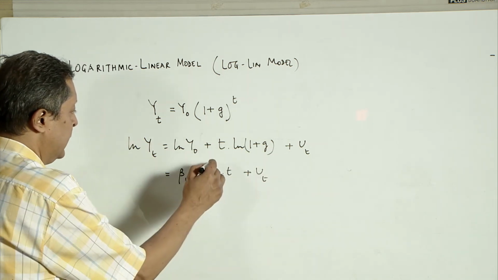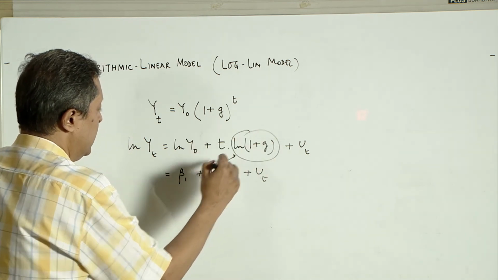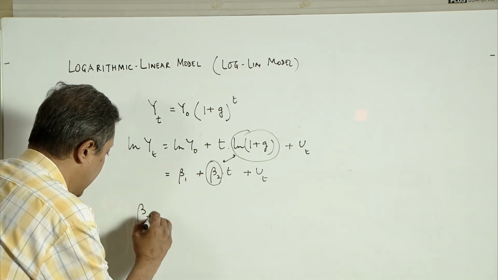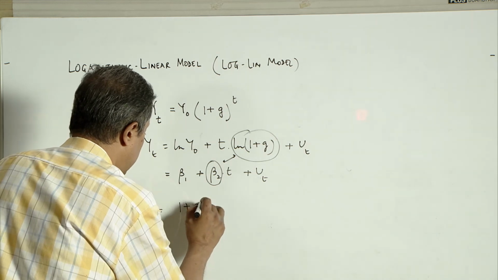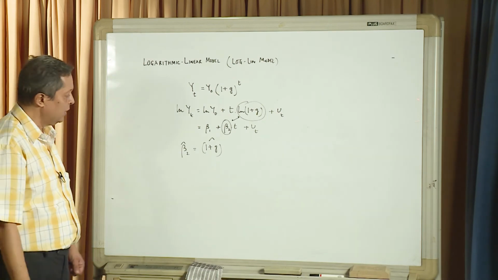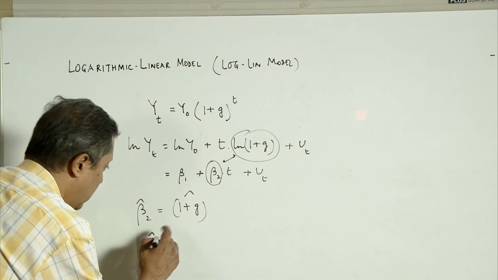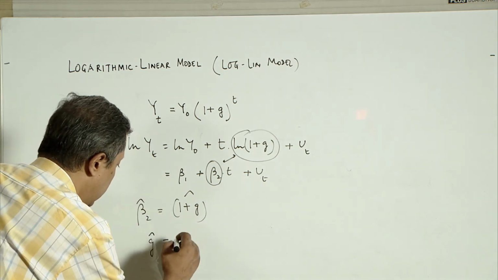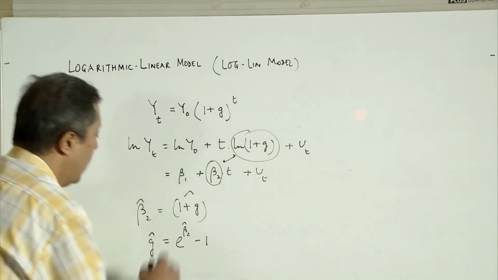But note here that beta 2 is log of 1 plus g. So, what we obtain as beta 2 hat is the estimate of log of 1 plus g. Since we have taken natural logarithms, g hat, the estimated discrete growth rate, is equal to exponential beta 2 hat minus 1.